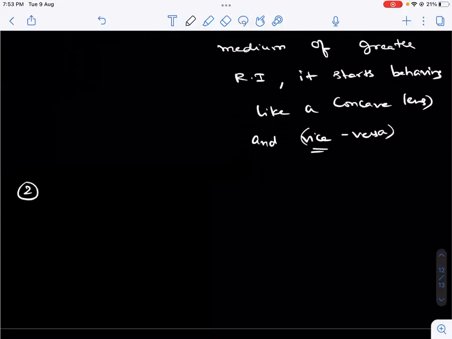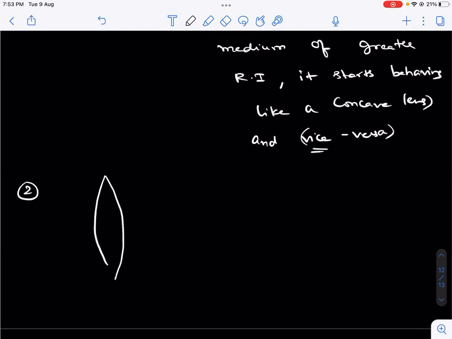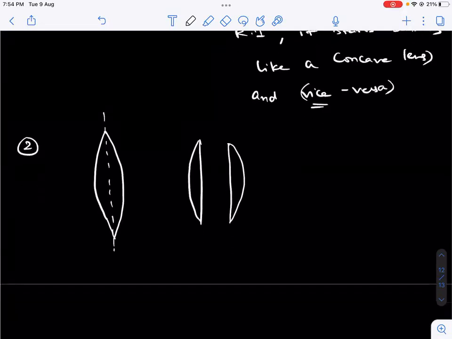Second, if you have a lens like this, and if it is cut vertically in this format, then what will happen? You will have a plano-convex lens and another plano-convex lens. What will happen to them?